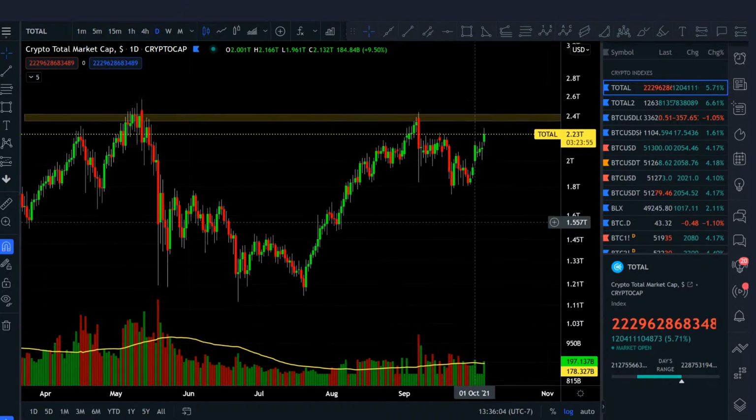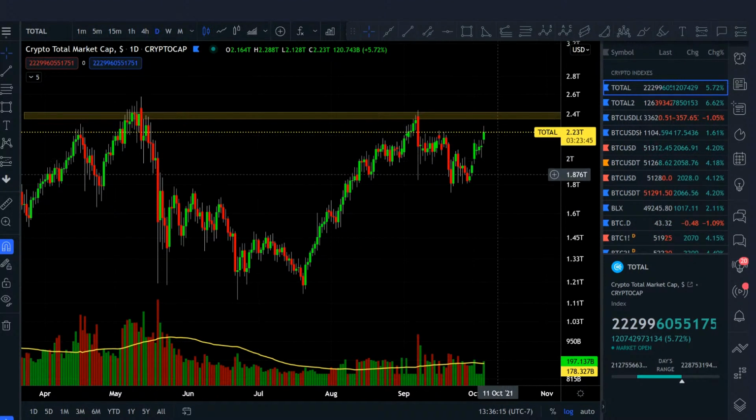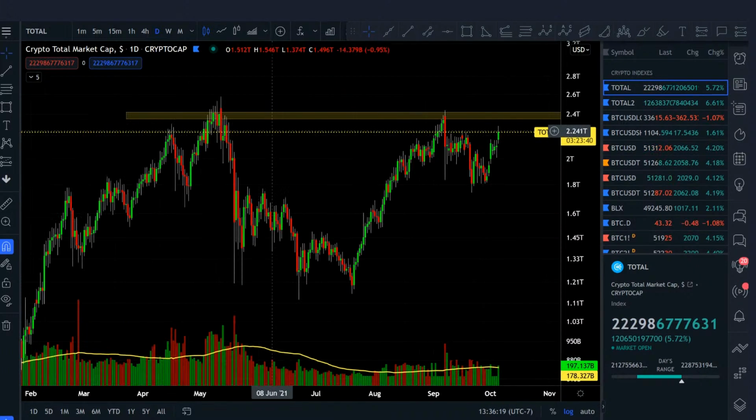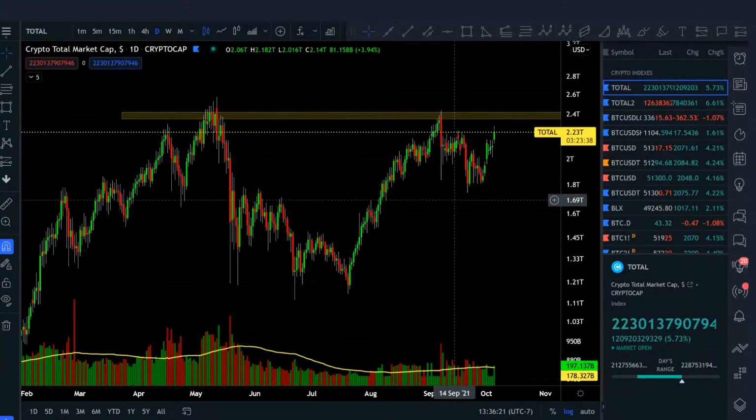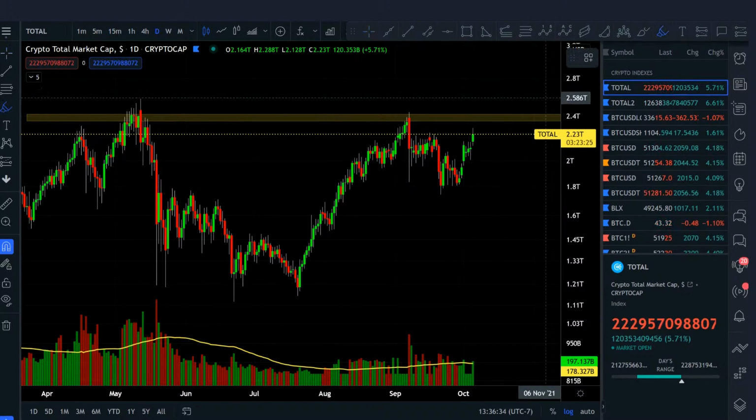What is interesting to note is that the crypto total market cap is basically the entire crypto index combined in dollar value. It's different than just looking at a Bitcoin chart, and it's important to keep an eye on this because as we get closer and closer to the resistance, the yellow bar up here, two scenarios can happen.